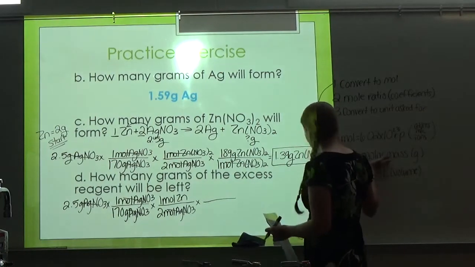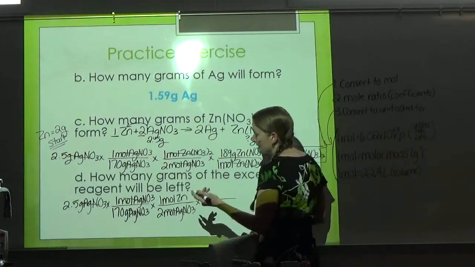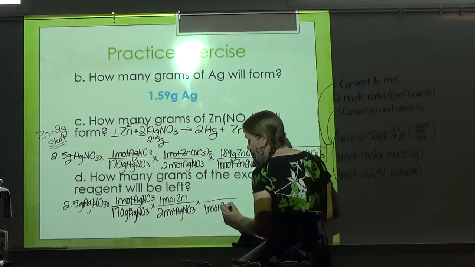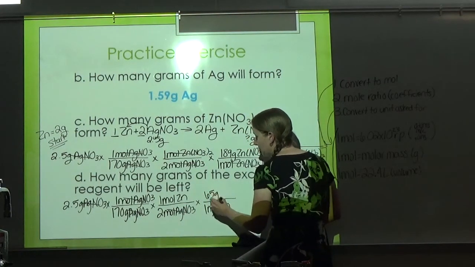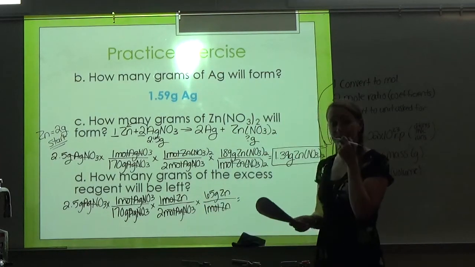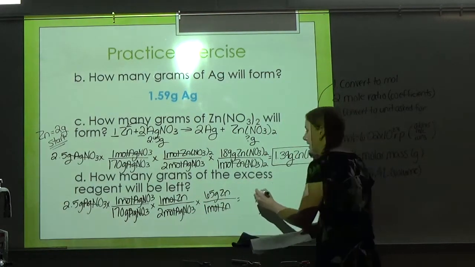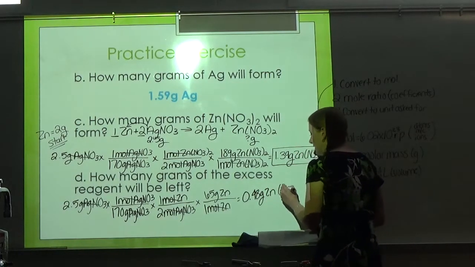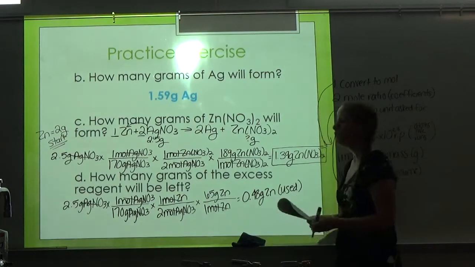So I need to use molar mass. And so for zinc, that's about 65 grams per mole. So since mole's on top, I put my 1 mole on bottom and my 65 grams on top. So I multiply across the top, divide across the bottom, and I get 0.48 grams of zinc. Now remember, this is how much we used.